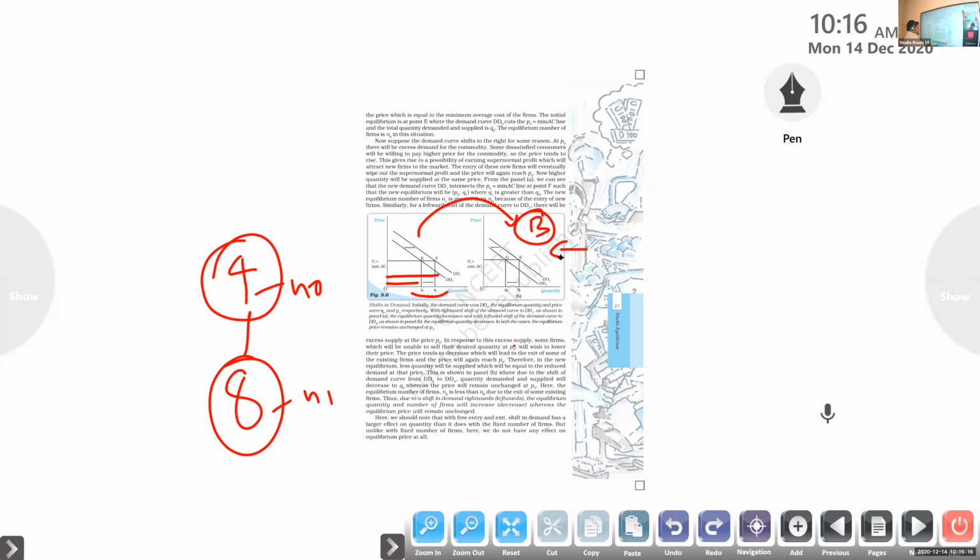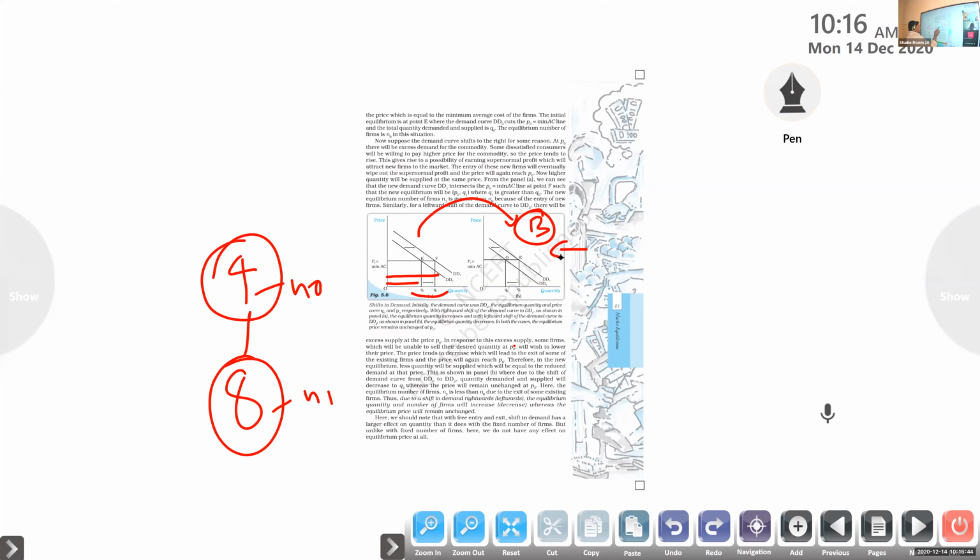The firms came to know that it is not profitable for them to sell their product at P0, because the price of the commodity reduced to less than P0. They will wish to lower their supply price. The price tends to decrease, which will lead to the exit of the existing firms, and the price will again reach P0.